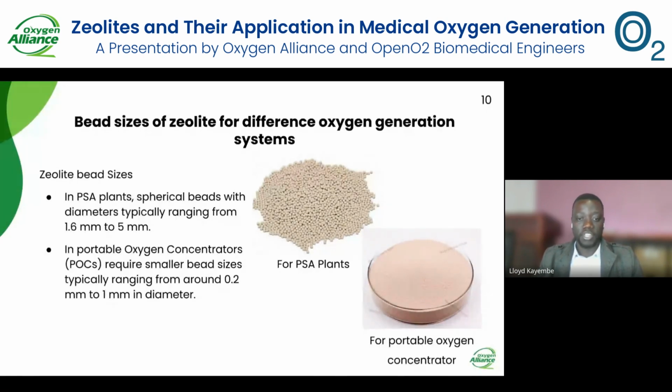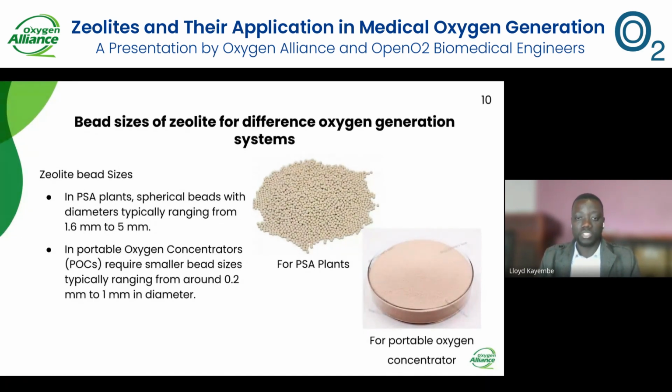In PSA plants, these beads range from 1.6 to 5 millimeters in diameter, while portable oxygen concentrators require smaller beads. There are some considerations taken into account for the choice of bead sizes.